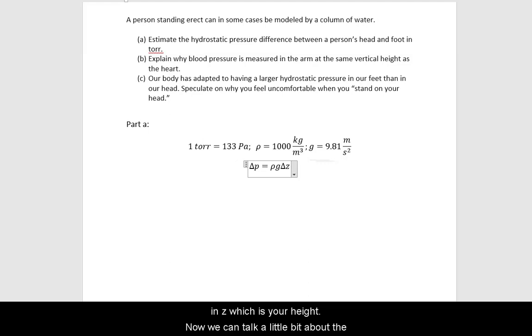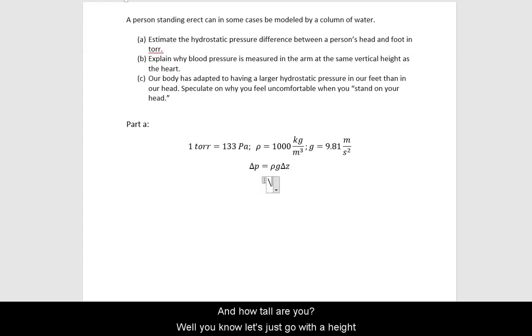Now we could talk a little bit about the fact that pressure due to the atmosphere goes up, but given that the density of the atmosphere is about 1.29 kilograms per cubic meter compared to 1,000 per cubic meter for water, we're just going to ignore that right now. And how tall are you?